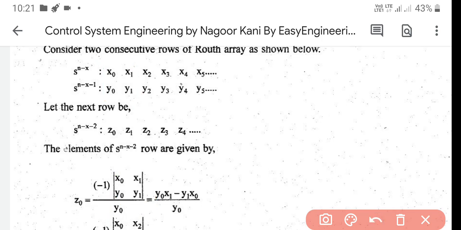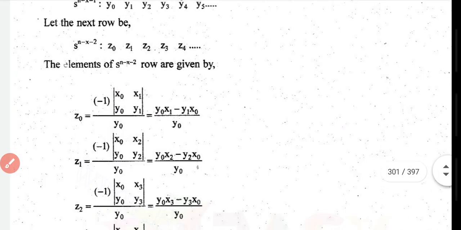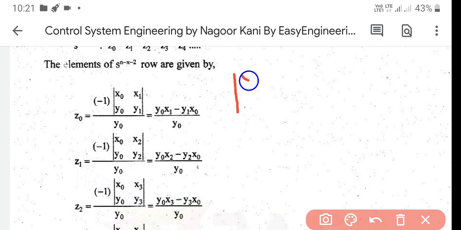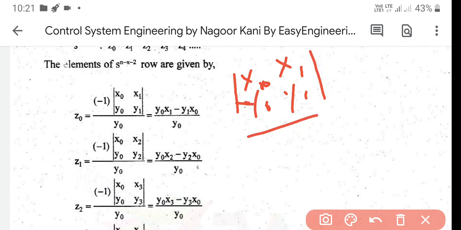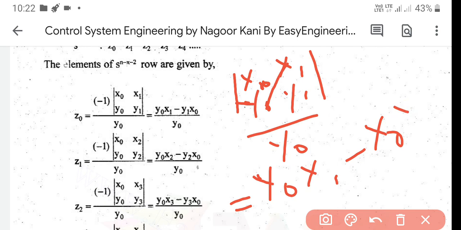Now you have to write the Z value as the determinant of x0 x1, y0 y1, divided by y0. What will be the value? Directly you can calculate here. First of all you cross multiply: y0 into x1 minus x0 into y1, divided by y0.